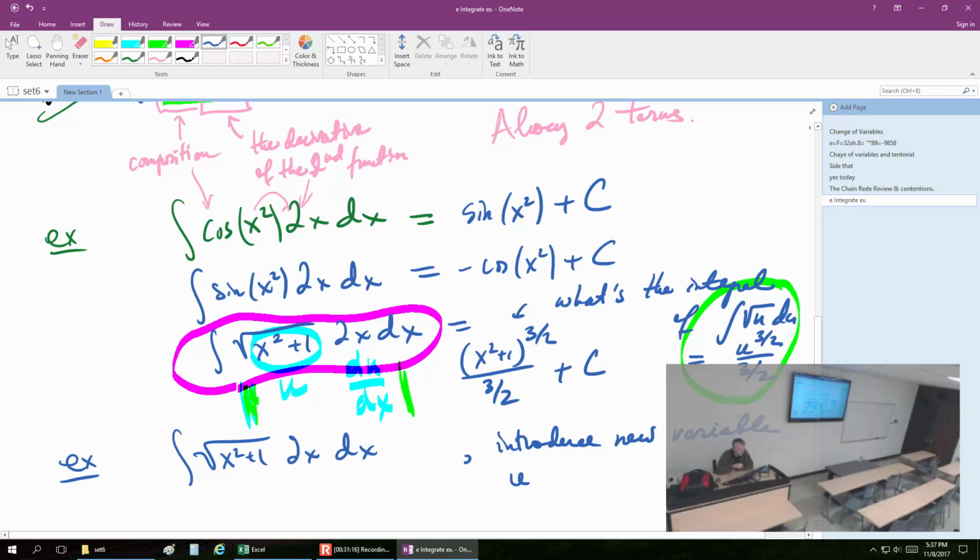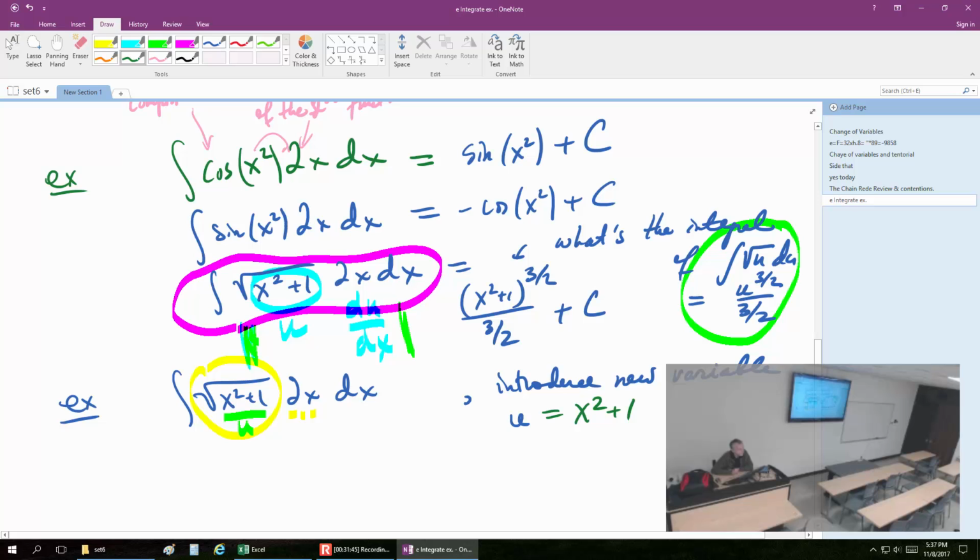You've got to pick a composition, but you first have to point out where the composition is. This is the composition. So you ignore this part and hope that it will work out, and then look at the composition, decompose it into two functions or three variables. So one variable is x, and the other variable will be y, which is this, or u. Okay, so my u is x squared plus 1. And then I will need its derivative. So it's a weird thing that we actually need derivatives, rather than, for integration, we need derivatives.